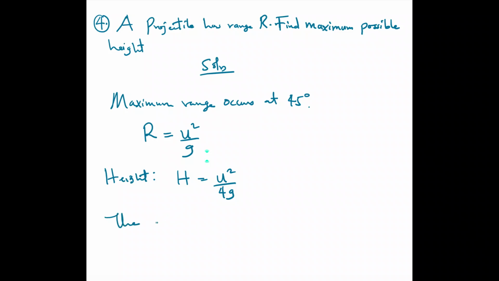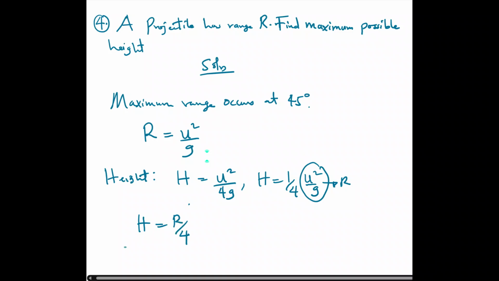If we write h equals 1/4 u squared over g, this makes the range, so this can be written as h is equal to r/4. Therefore the height is 1/4 of the range, and the range is 4 times the height.